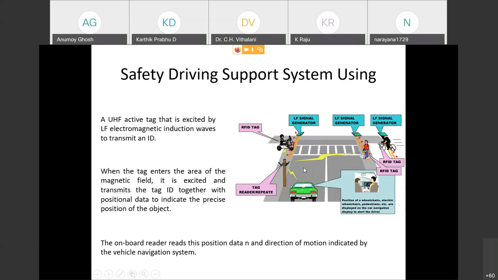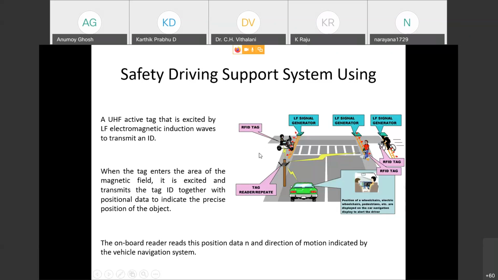The information from the reader is intercepted by the tag of this car, which is moving in this direction. One thing I want to tell you again: this reader is connected to a controller. Once the various tags give out signals and the reader reads them, it sends all the signals to the controller via the middleware.